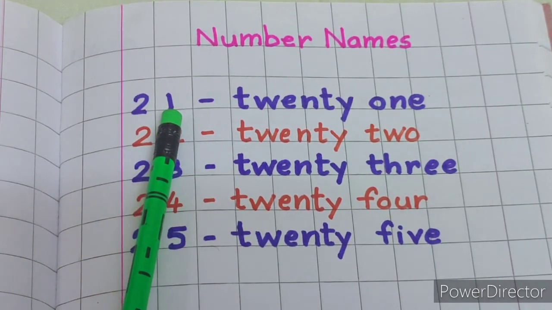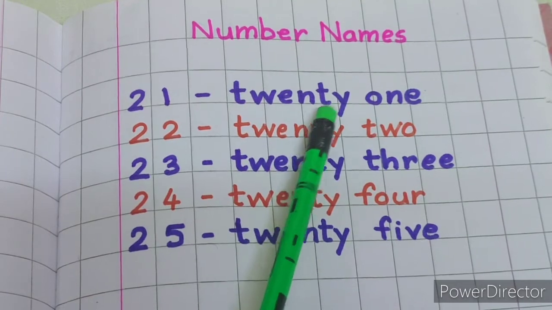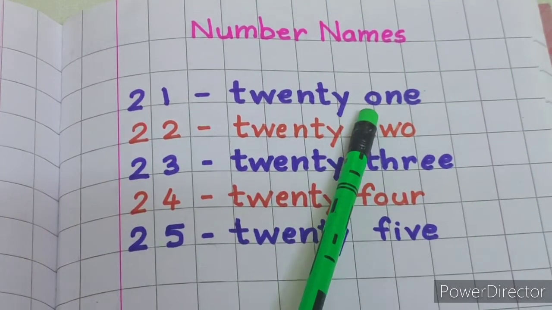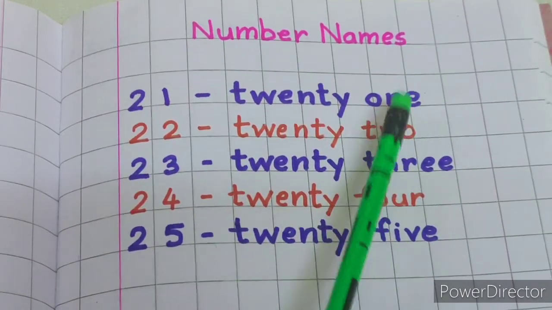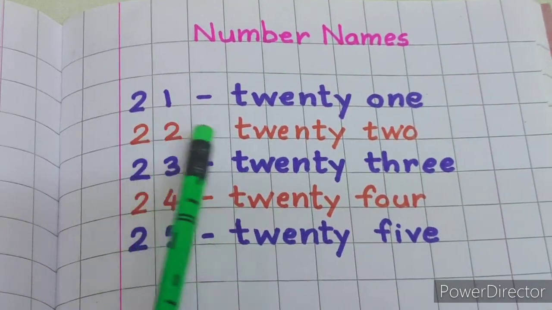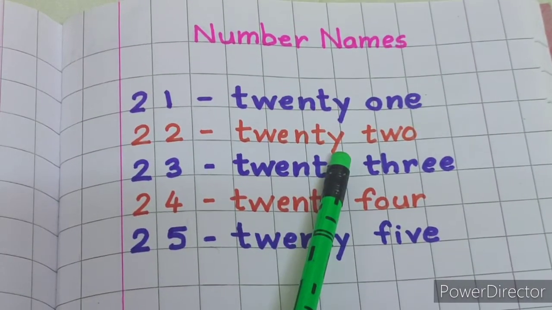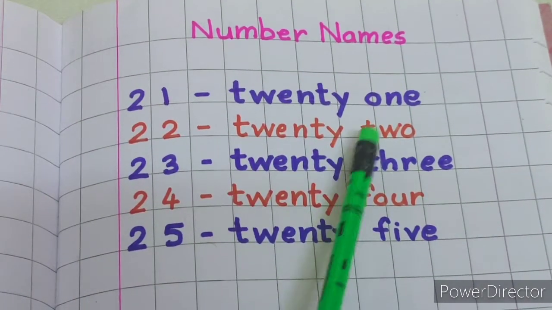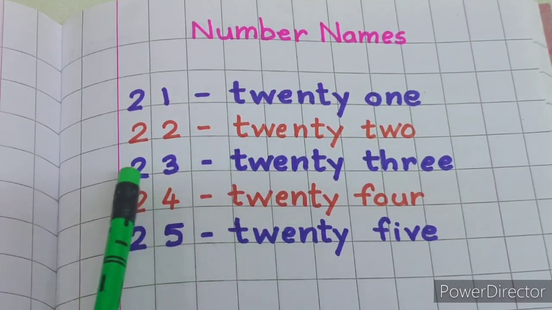21. Twenty, one, 21. 22. Twenty, two, 22. 23.